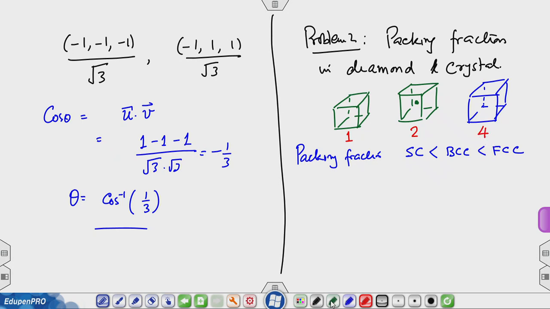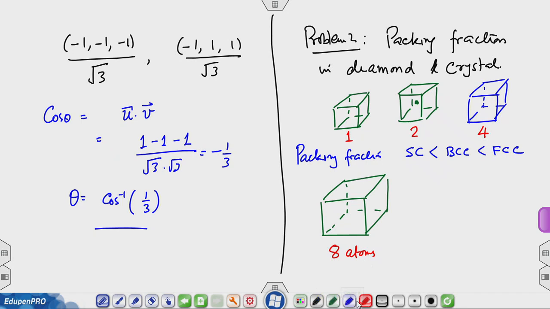The diamond lattice, diamond structure, has 8 atoms in it. 8 atoms. So let's see what the packing fraction is. Now, the problem that I just solved, where we calculated the angle between two bonds.